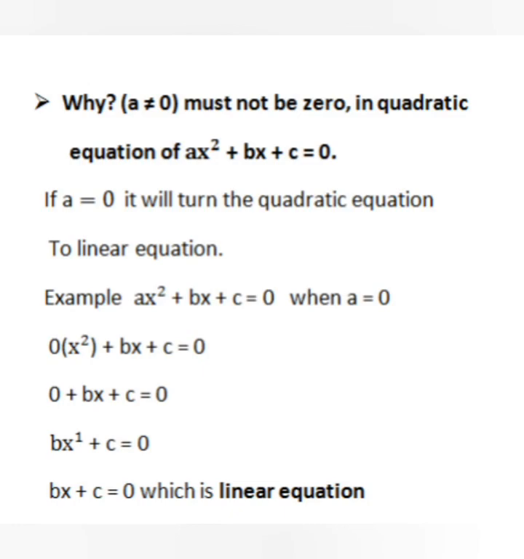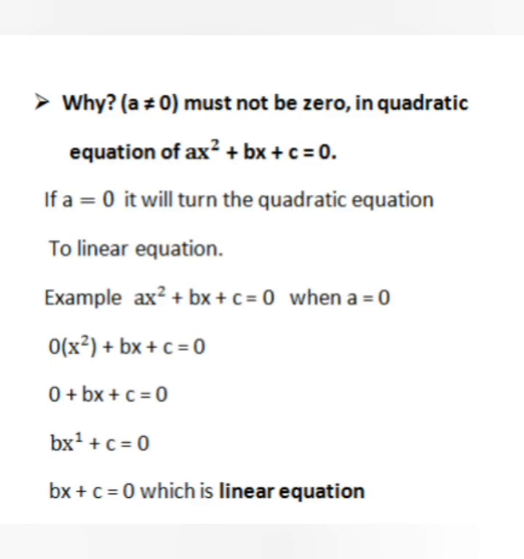When 0 is multiplied by x squared, we have 0, and we are left with 0 plus bx plus c equals 0. At this point, the highest power of x is equal to 1, and when the highest power of x is 1, it is called a linear equation. Although a quadratic equation is also called a polynomial of degree 2.